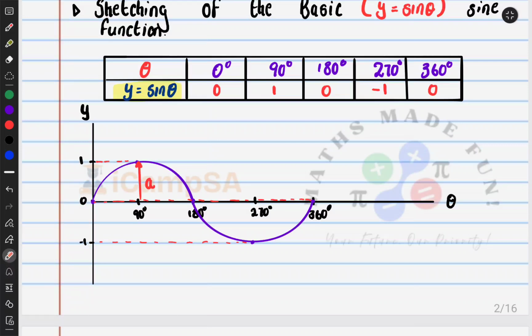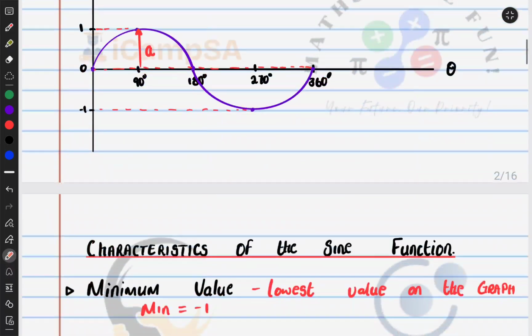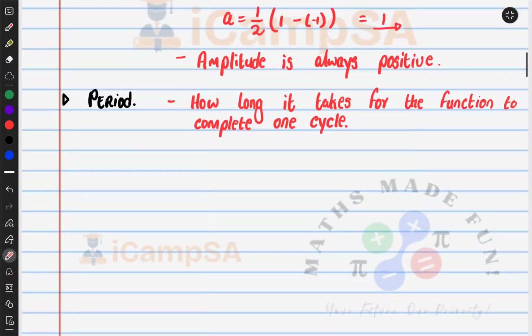So it takes 360 degrees for the sine function to complete one cycle. The period for this function is equal to 360 degrees.